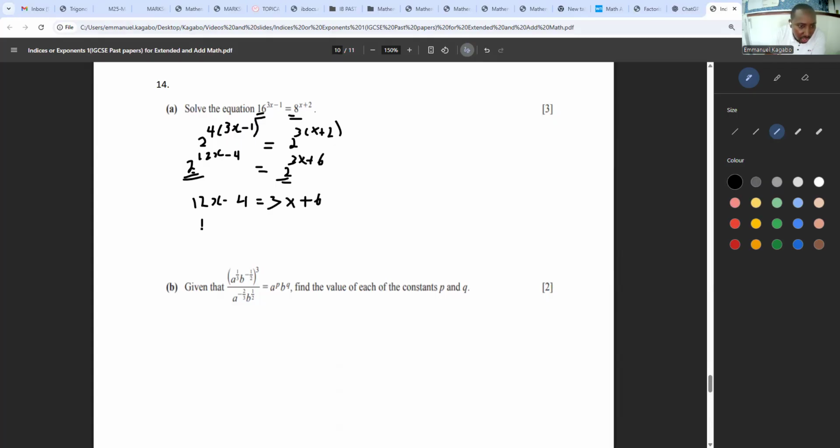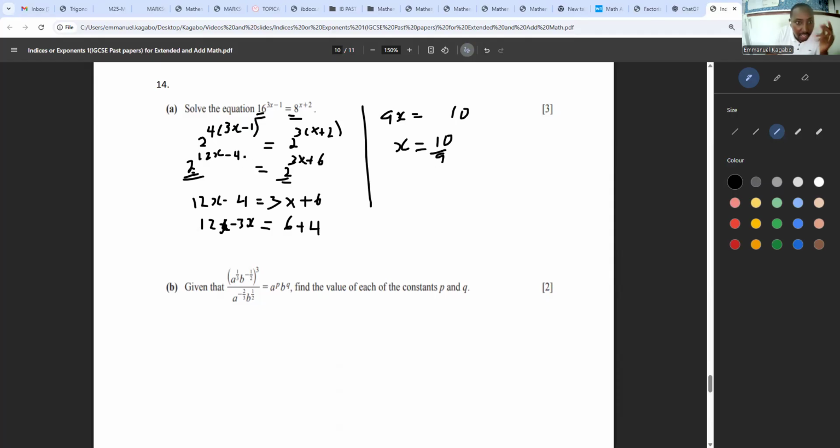Now, collect like terms, this is 12x minus 3x equals 6 plus 4, right? 12x minus this gives me 9x, right? 9x equals, what is this? This will give me 10. So divide by 9 both sides, so I'll get 10 over 9, right?